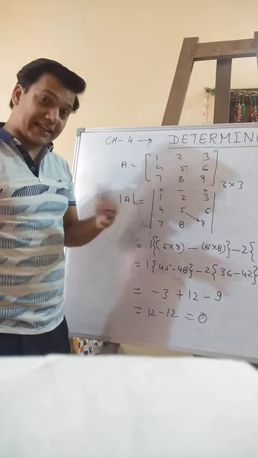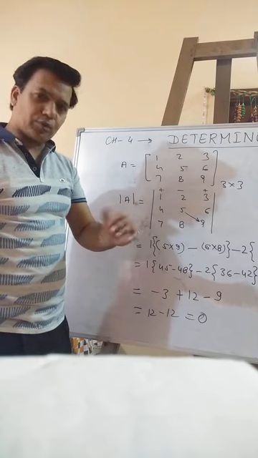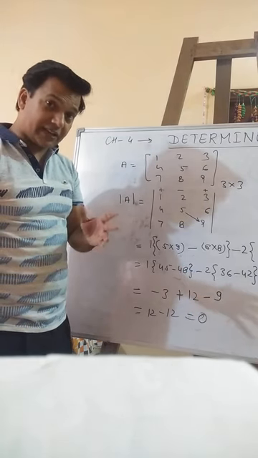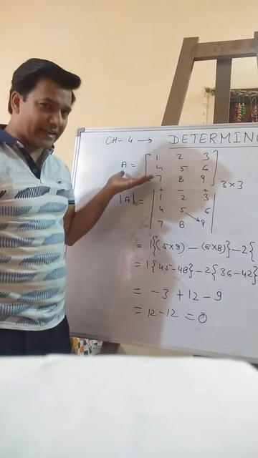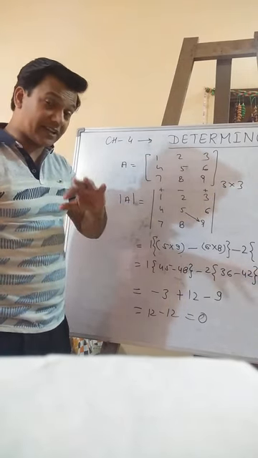But a matrix can have any order: 1 by 3, 2 by 5, 3 by 2, square, rectangular, any type of matrix is possible, but determinants are always square. So these are two different concepts. A determinant is a numerical value of a square matrix.